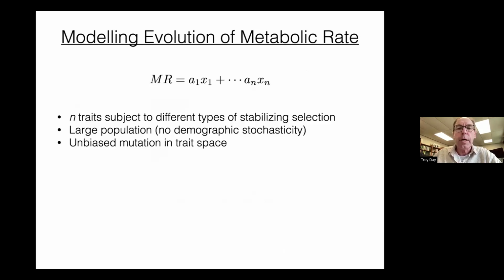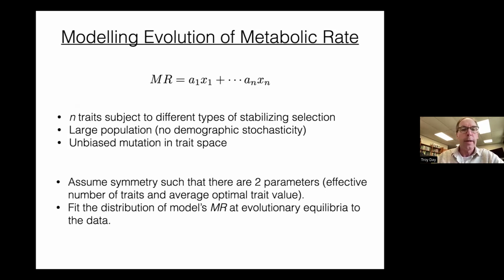And let's suppose that each of these traits is subject to stabilizing selection in some way. Let's imagine we're dealing with a very large population where there's no worry about demographic stochasticity, and that when mutations occur, they're unbiased. So the only thing really happening is natural selection favoring particular optimal values of each of these n traits.